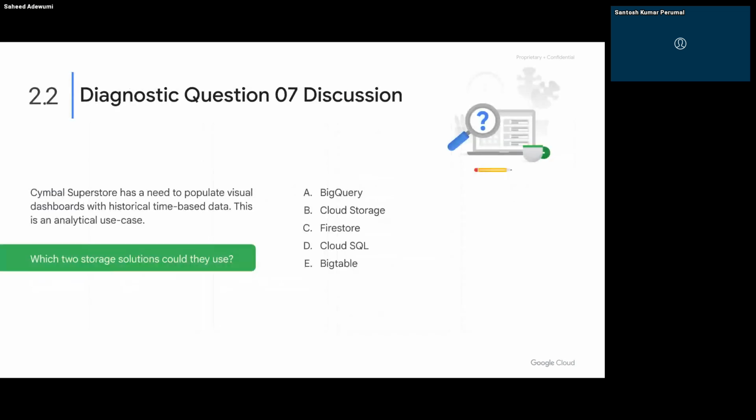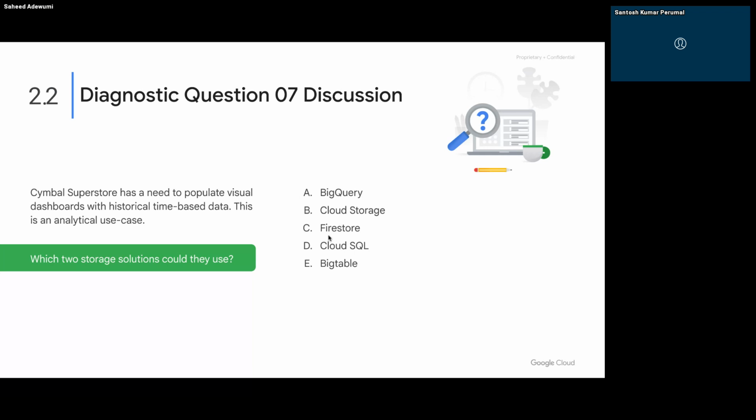So moving forward, Simba Superstore has a need to populate a visual data dashboard with historical time-based data. This is an analytical use case. So they want to use analytics for analysis of time-based data.